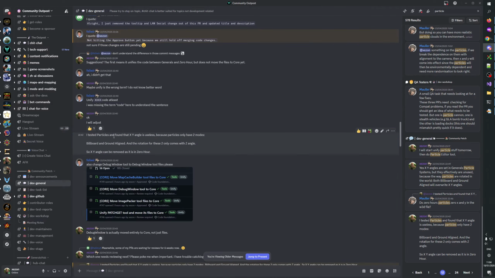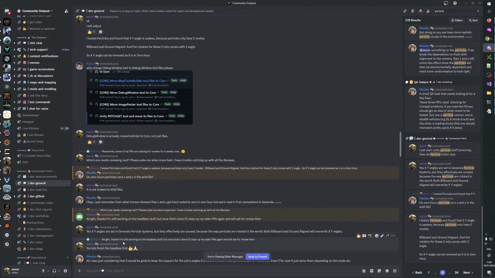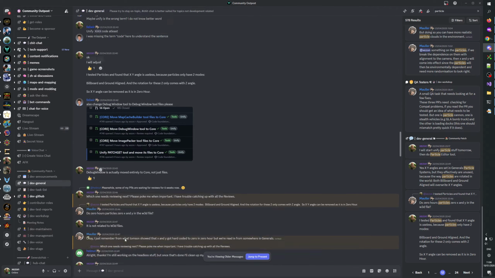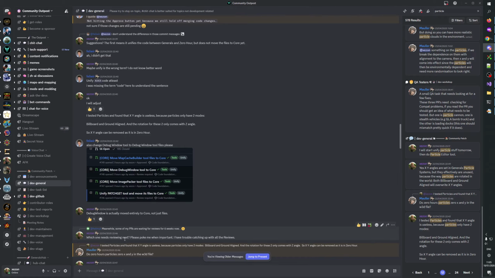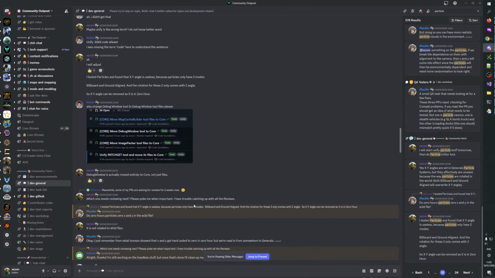I tested particles and found that XY angle is useless because particles only have two modes, billboard and ground aligned, and the rotation for these two only come with Z angle. So XY angle can be removed as it is in Zero Hour. And then I wrote that I will work on merging particles, which is now nine months ago. Right.